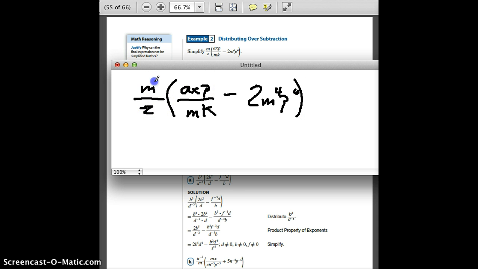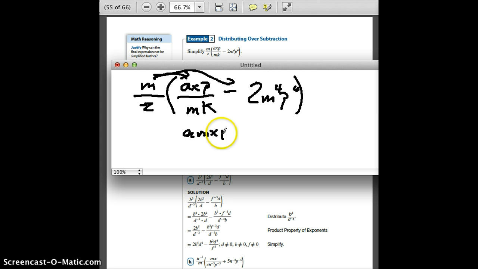Now let's distribute. We're going to multiply m times this. Well, that just goes in the middle of it: a, m, x, p. Actually, that isn't alphabetical order, because the x would come at the end, but we'll put it like that. Then z times mk would just be mkz.